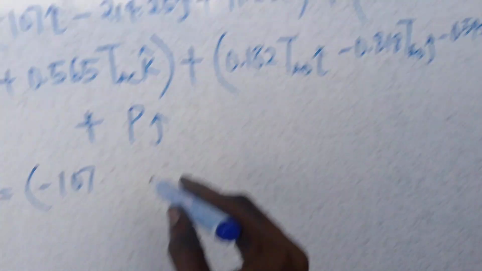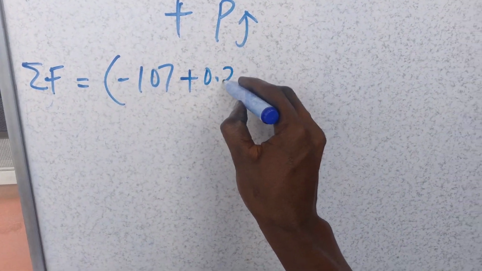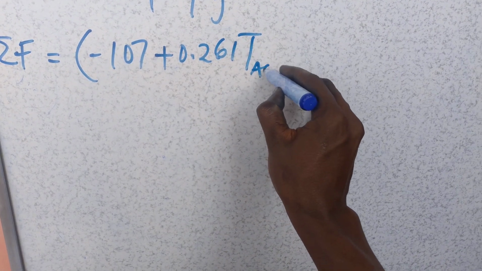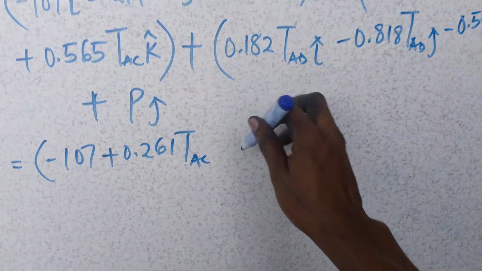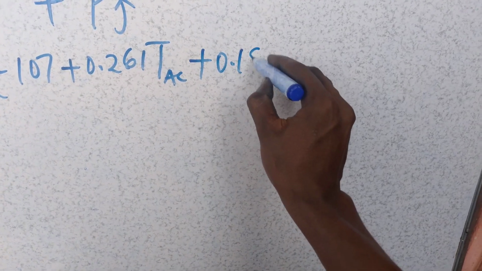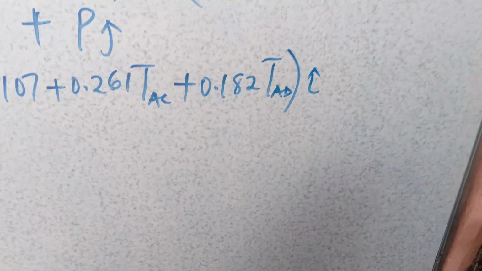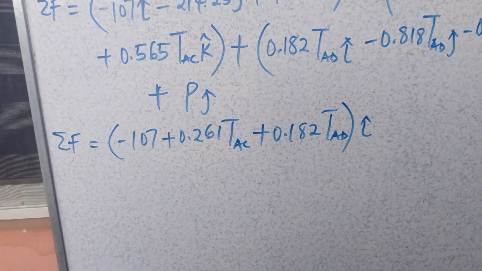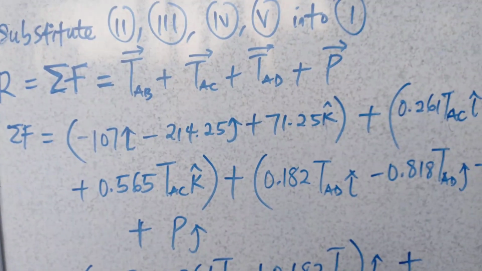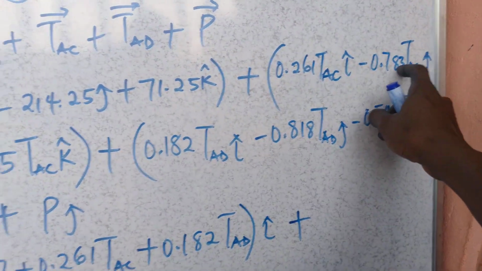And I take the next one, plus 0.261 TAC. I take the next one, plus 0.182 TAD. Alright. Then I take all the J coordinates.